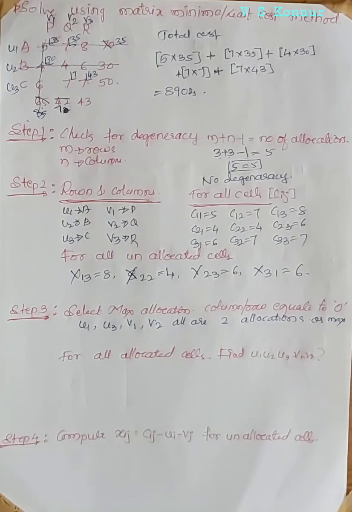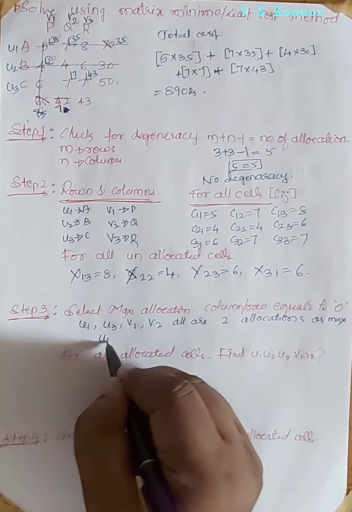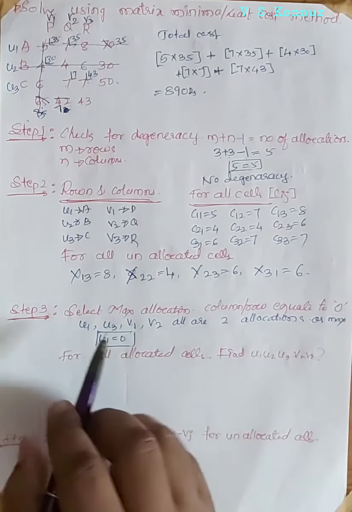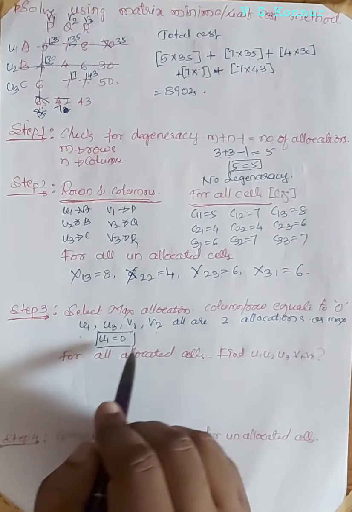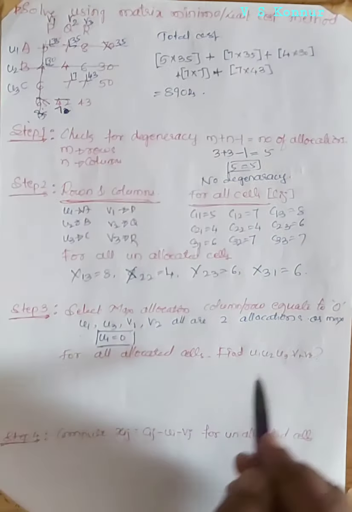So in this you can select any one and equate it to 0. From this we'll consider U1 equal to 0. You can take any one and solve.